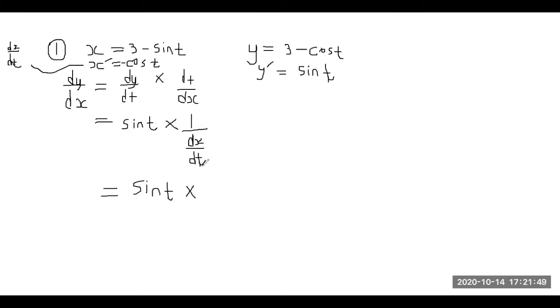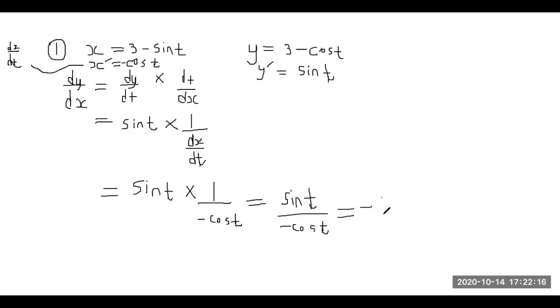And dx/dt is minus cos t, so it is 1 over minus cos t, right? And so what we're getting is sin t over minus cos t, and sin over cos is equal to tan.